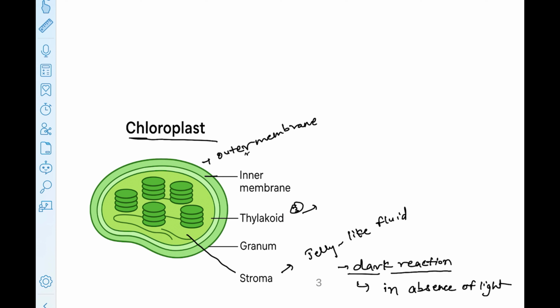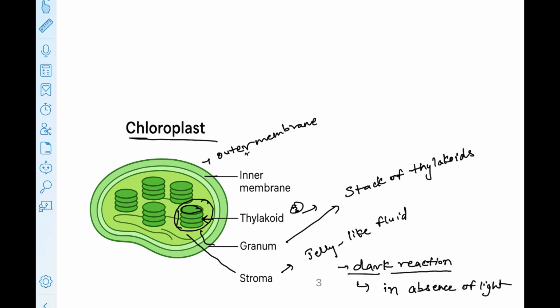Third part is thylakoid. Thylakoid is the structure. It is a flattened disc-like sacs arranged in stacks. Okay. Fourth one is grana. Stacks of thylakoids are known as granum. And they are arranged like a pile of coins.